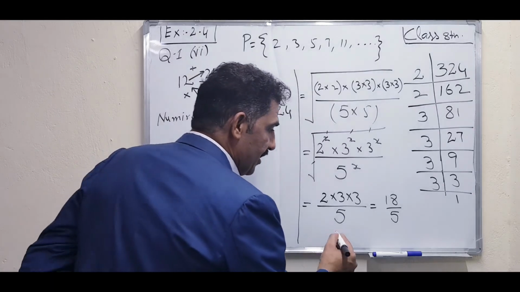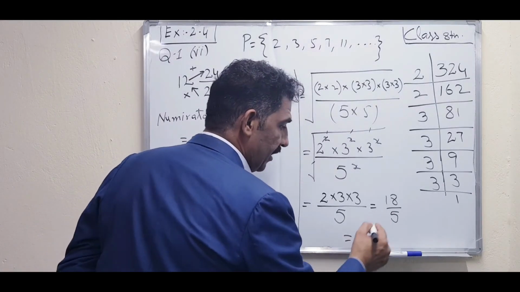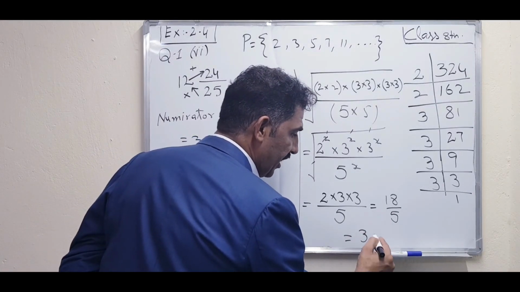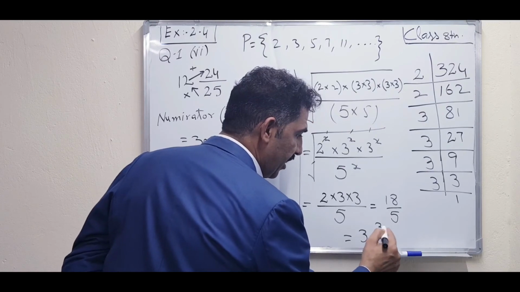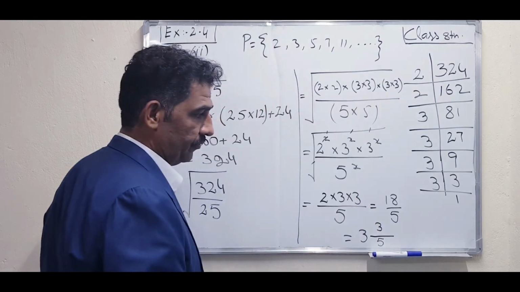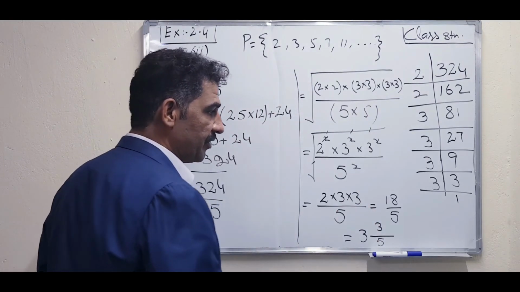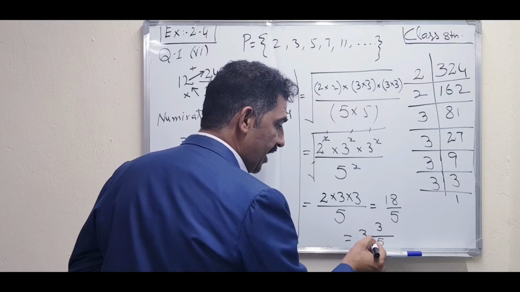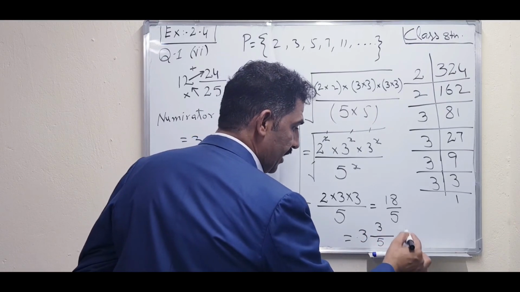When the numerator is greater, you have to divide and write in the form of quotient, remainder and divisor. So the final answer, 5 threes are 15, 3 remainder and also 5 divisor will remain the same. Because when you write in this form, quotient, remainder and divisor, that is our final answer.